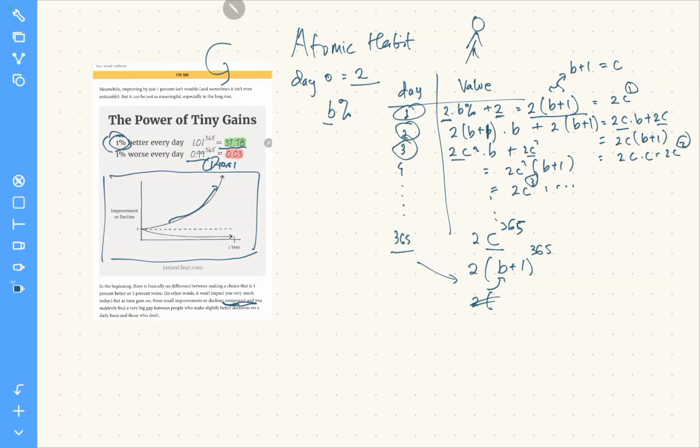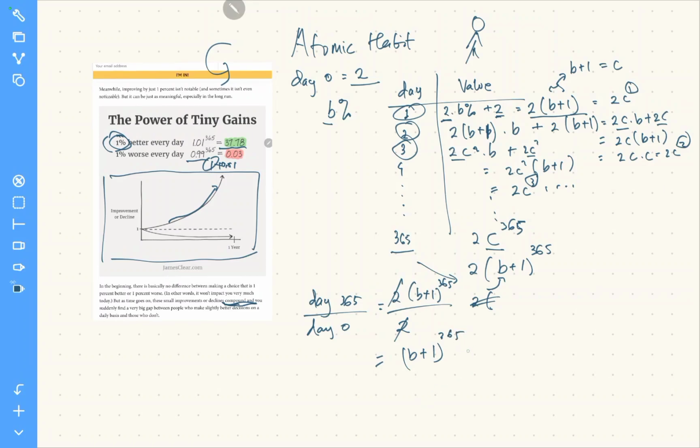You're going to be a 37 times better person. So where can you get that? You just divide day 365 by day 0. So this is 2 times (B plus 1) to the power of 365, and day 0 is 2. You cancel it, so you only have (B plus 1) to the power of 365.